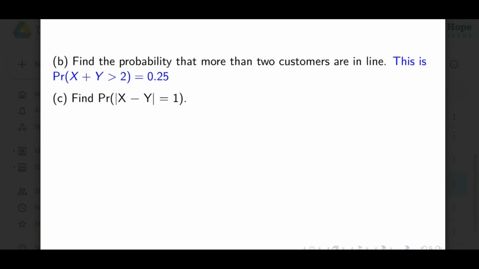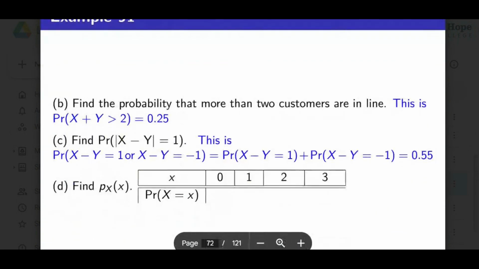So I think most of you are at a state of mathematical maturity where you know that when you say this, what you mean is either this is true or this is true. When you say the absolute value is something, it means it's either that thing or the negative of that thing. You all know that, right? Obviously. And this is not an and, okay, please, because if it's an and, then the probability is 0.